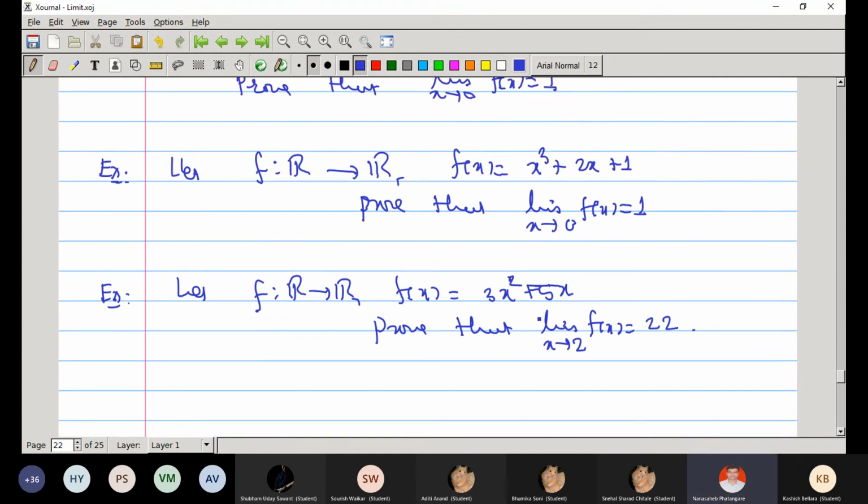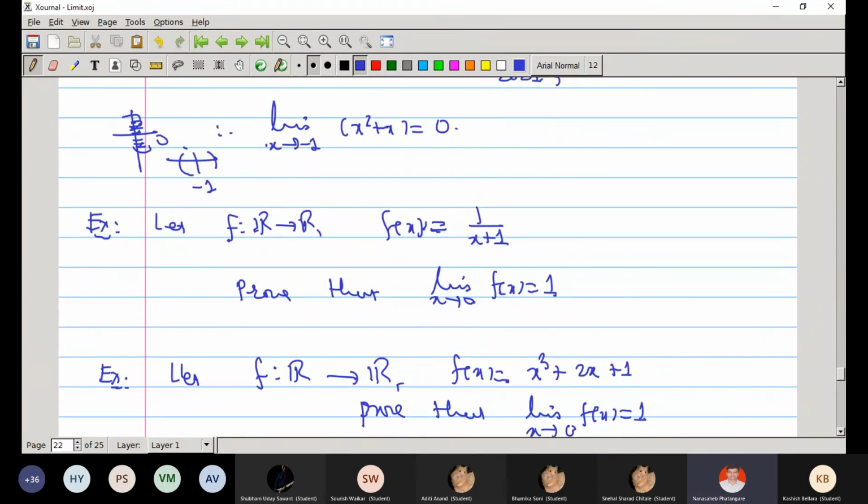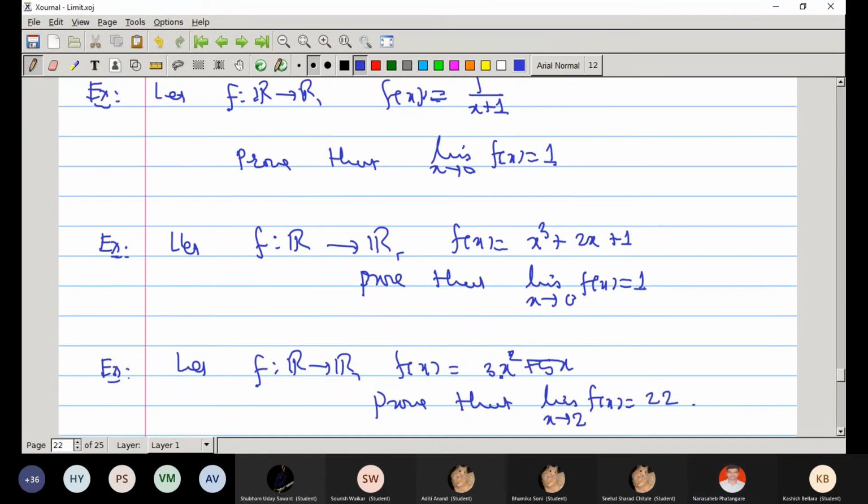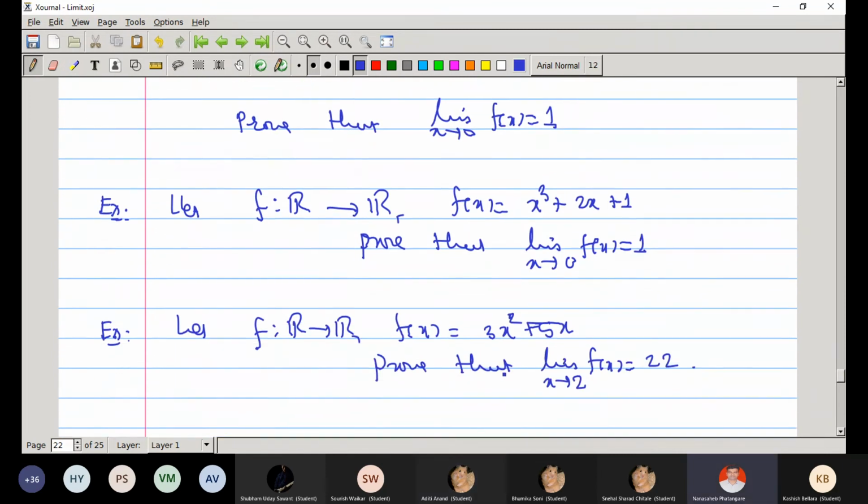Will you be able to do these exercises? Yes, sir. Do these exercises so that we can go ahead, because unless you do it on your own you cannot understand the process. Right? Okay.